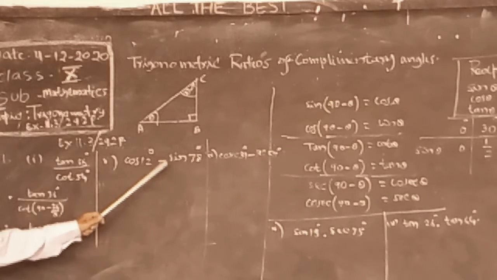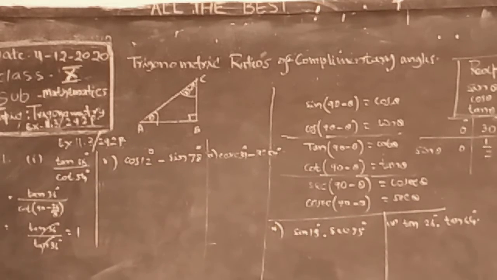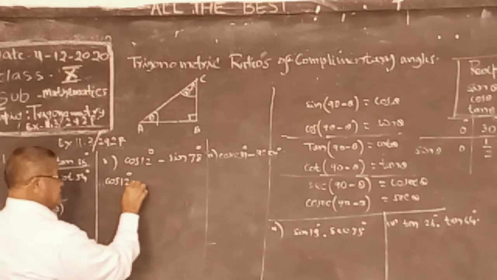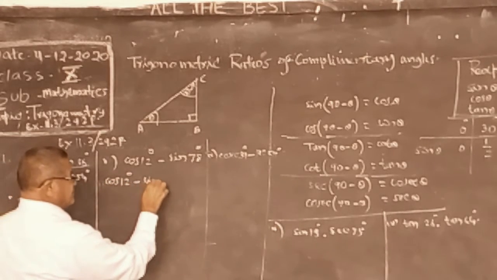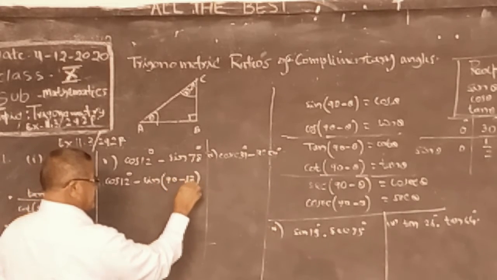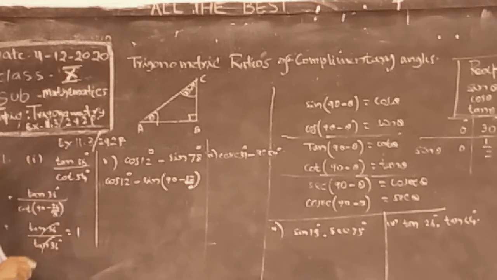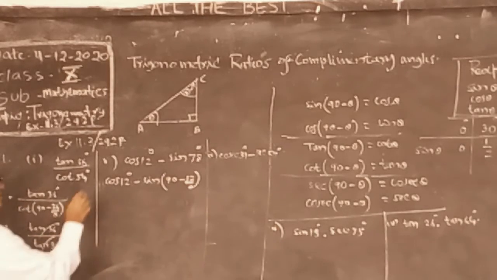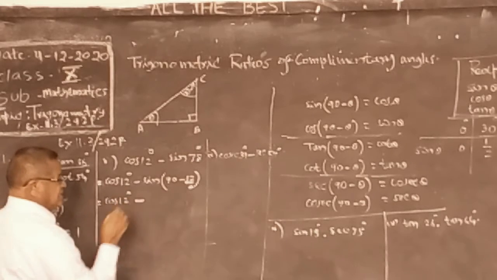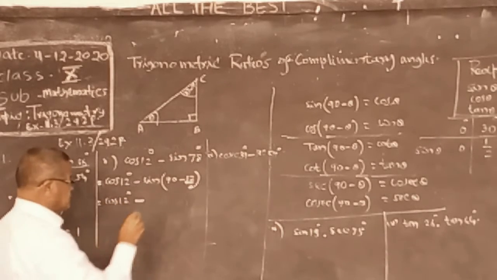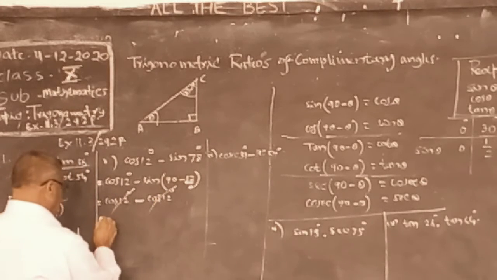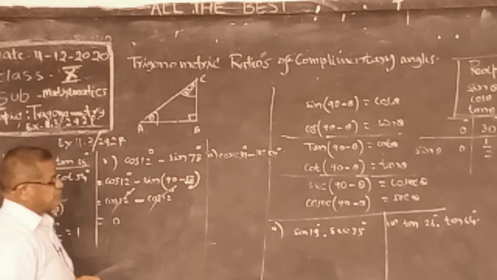Cos 12 degrees minus sin 78 degrees. Cos 12 degrees you write as it is, sin 78, how to write 78? 90 minus 12. The theta is 12. Now this is cos 12 degrees minus sin of 90 minus theta, which is cos theta. Theta value is 12 degrees. Both are the same with different sign, so they cancel.